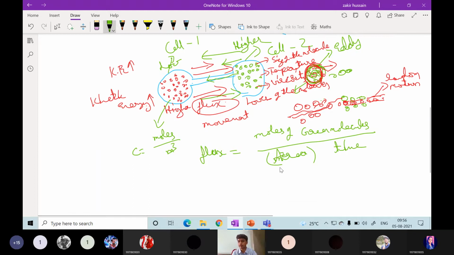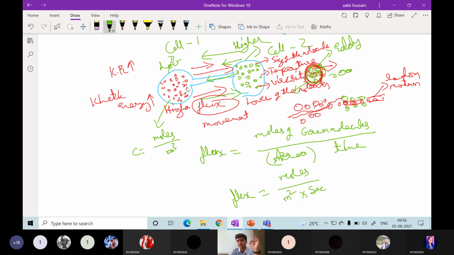So moles of green molecules traveling are measured in moles. Moles per unit area, where area is measured in meter square, and time is measured in seconds. So flux will have units of moles per meter square second.